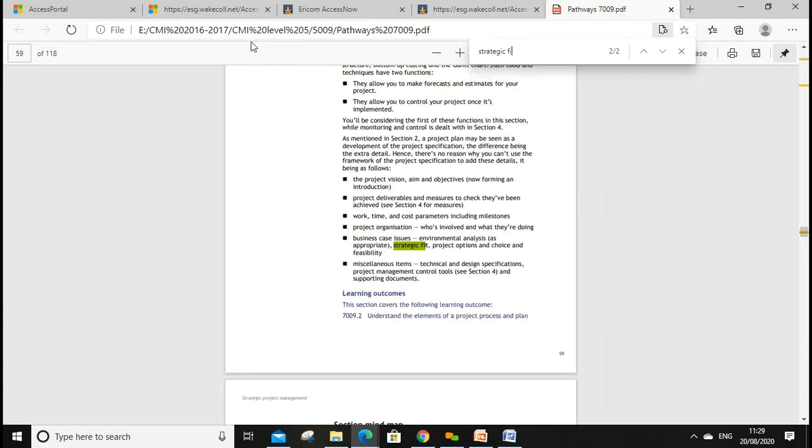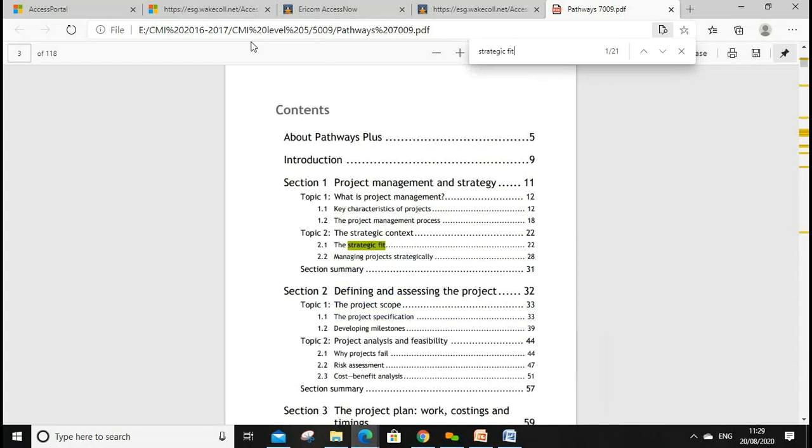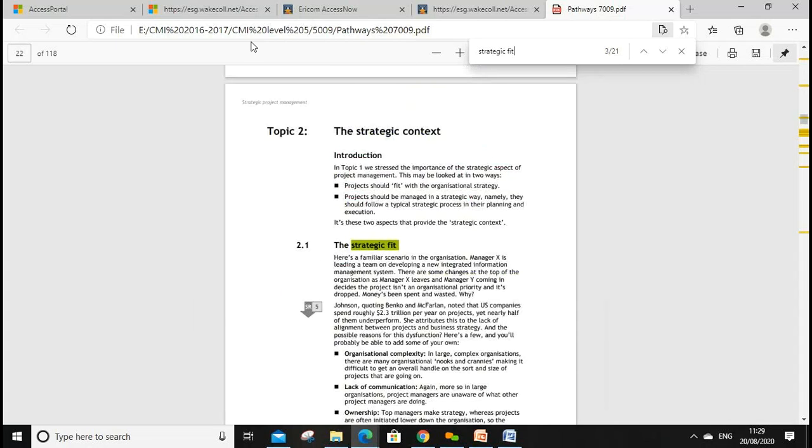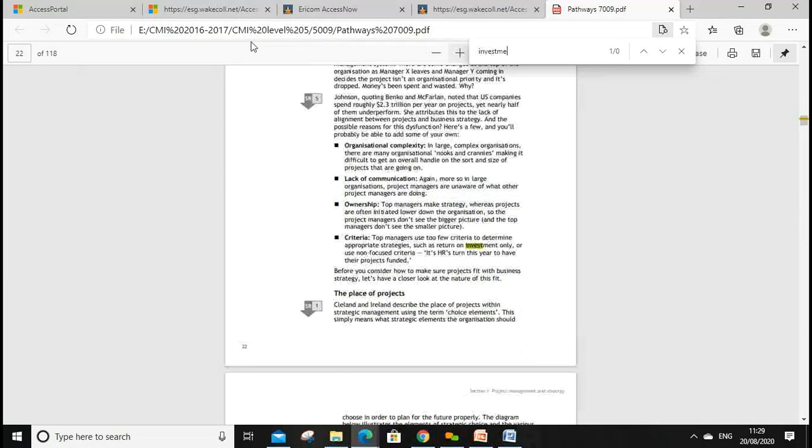So we'll see here strategic fit, and what is meant by it. There are a lot of examples. Then investment appraisal.